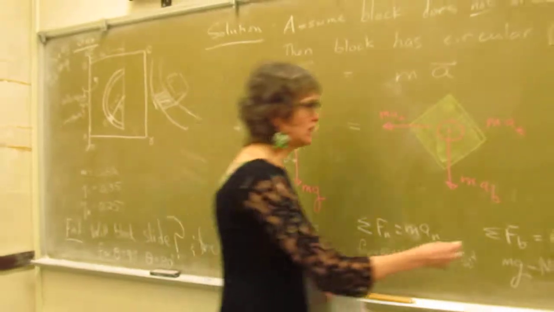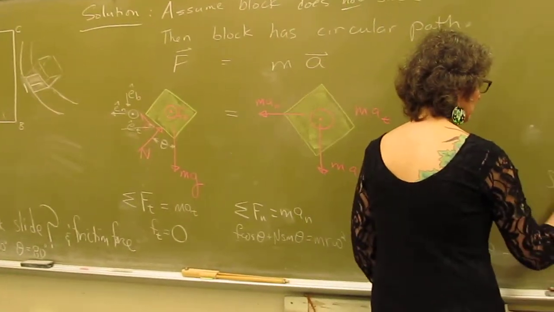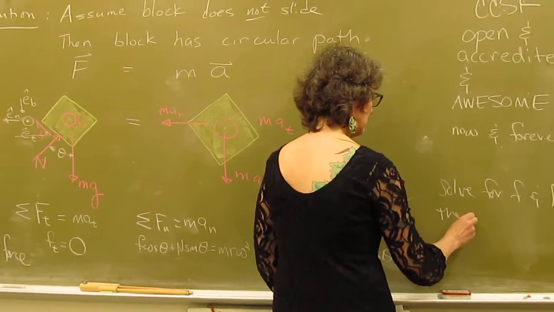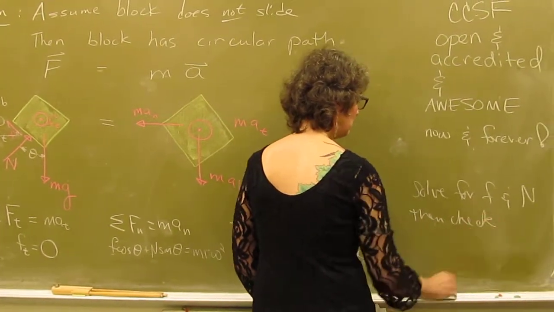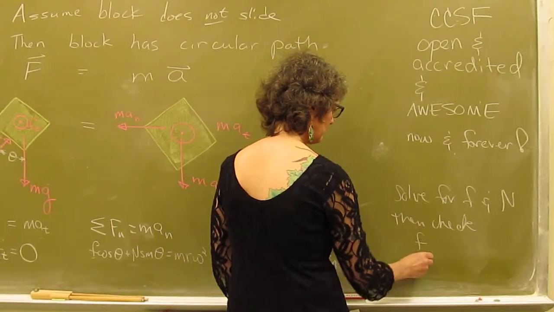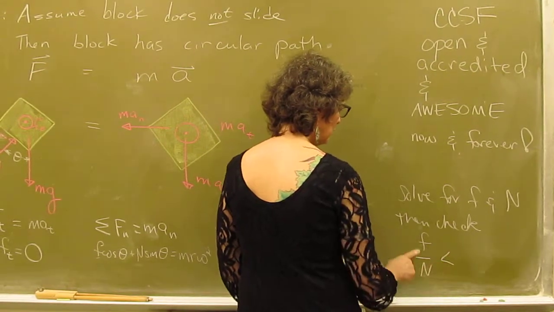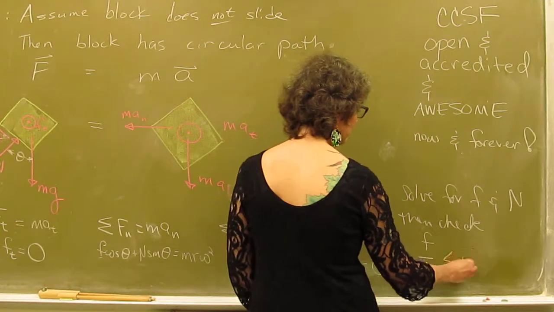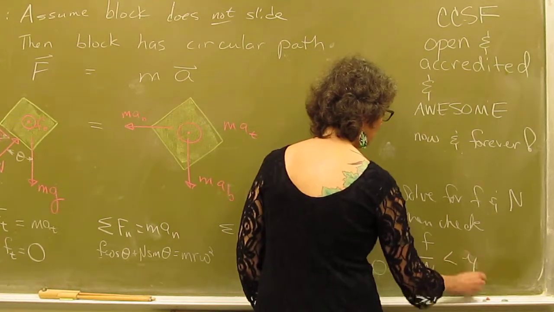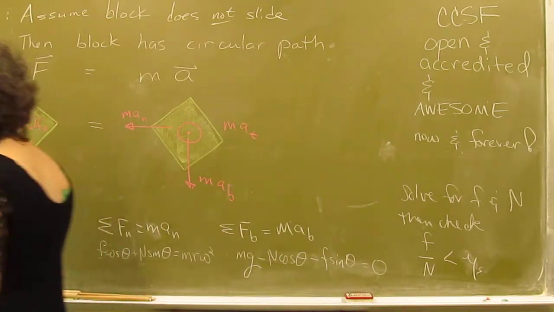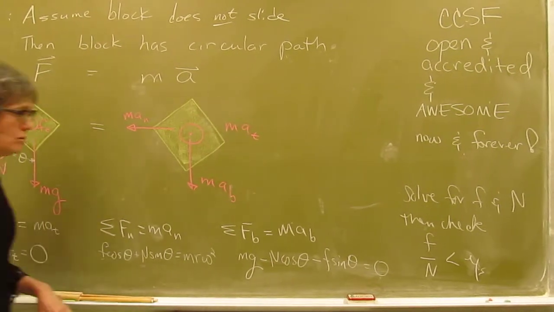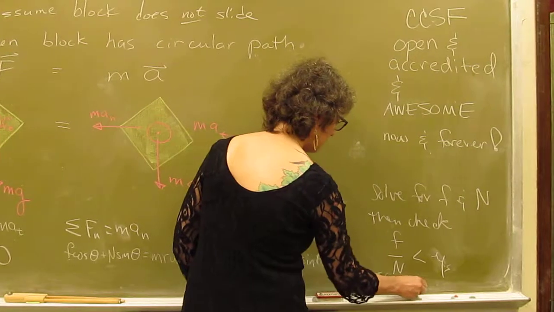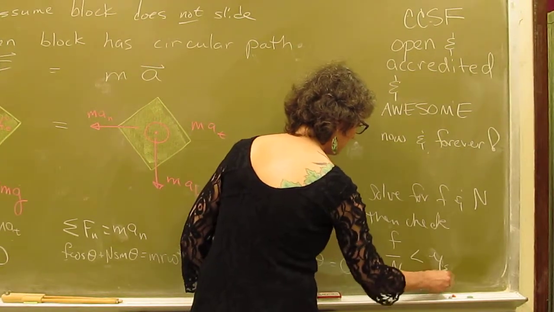What are we checking? Check if it's sliding or not. We want to make sure that the ratio of F to N is less than mu s, which was given as 0.35. If it is, then it's not sliding.